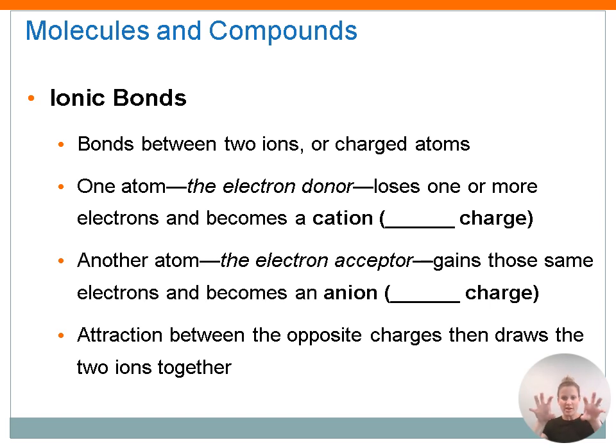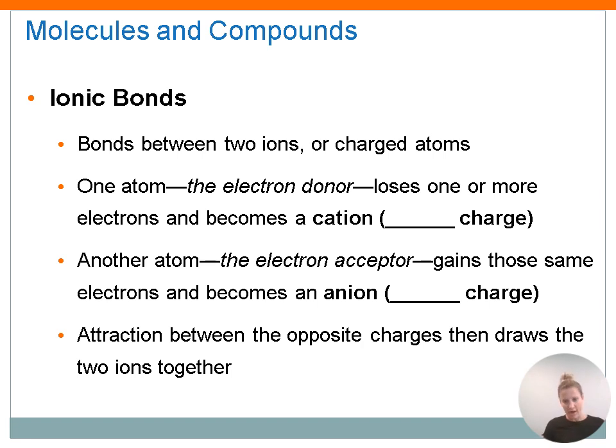So 2 atoms, one of them gives his electrons, 1 electron, 2 electrons, to the other atom. So now they both have changed their number of electrons. One has given away electrons and become positive. The other one has taken those electrons and become negative. So now I have 2 ions, a cation and an anion. They're opposite charges.